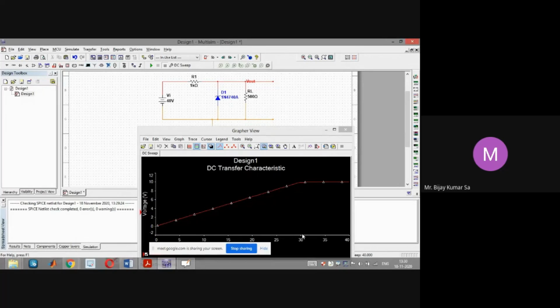Okay. Beyond 30.15, VL is such that VL becomes greater than the Zener breakdown voltage. When Vi exceeds the Vi minimum, at that time VL calculated is getting greater than Vz. So that is going to turn the Zener diode on.